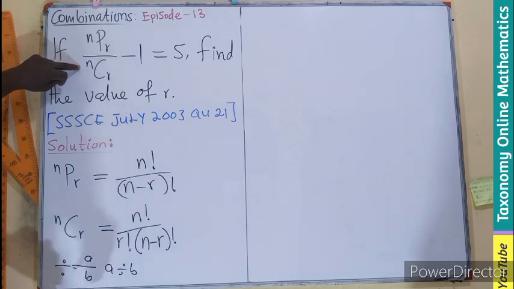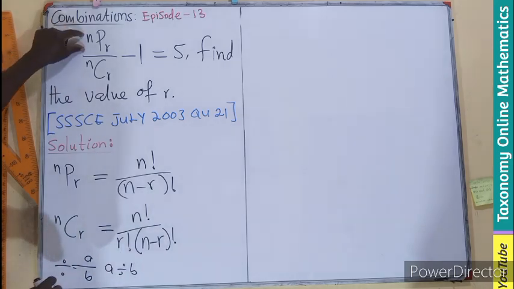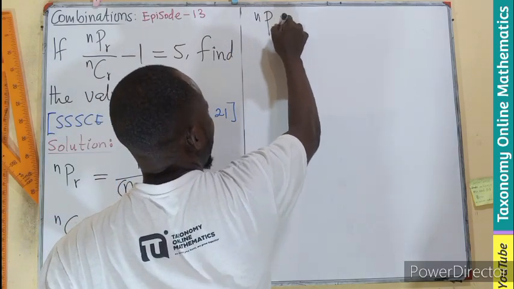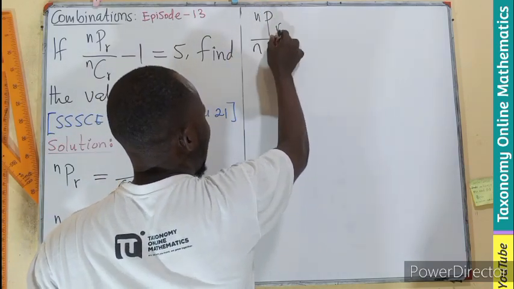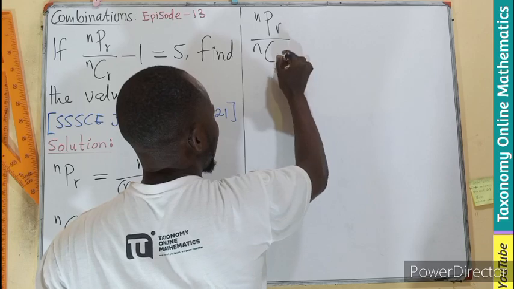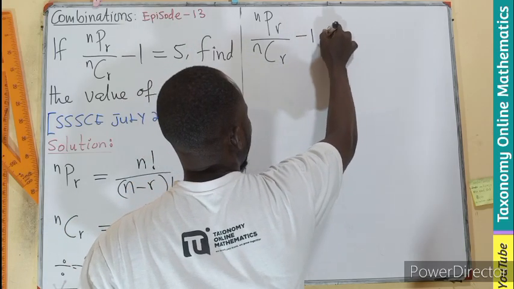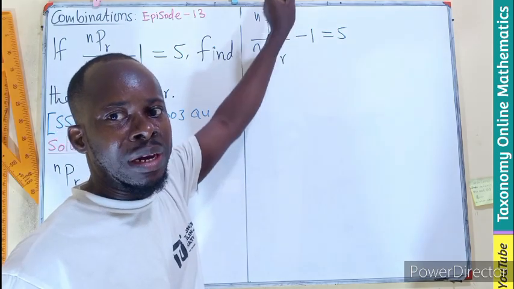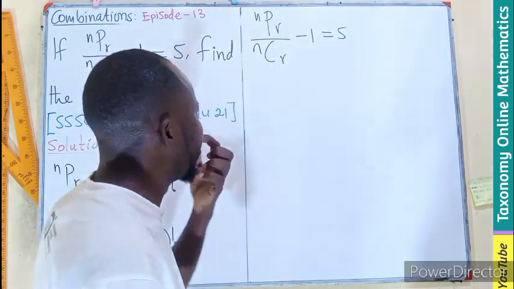So if that is the case, I am going to transform this very point, which we have as nPr divided by nCr, minus 1 equals to 5, whereby this minus 1 will be transposed to become a positive 1.